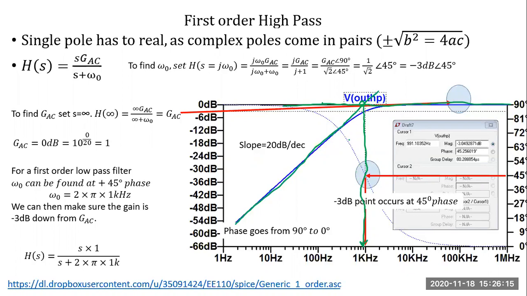The only difference here is it's really a hand extraction, an intuitive extraction. So omega naught is 2 pi times a kilohertz. Great. It's a high pass filter. Good. The gain at high frequencies is 0 dB or 1.